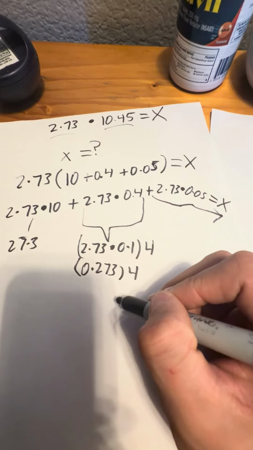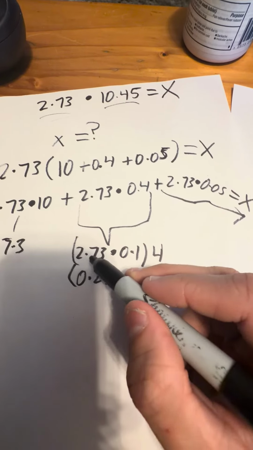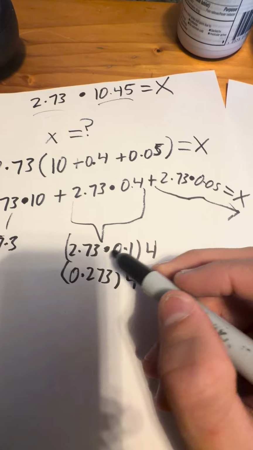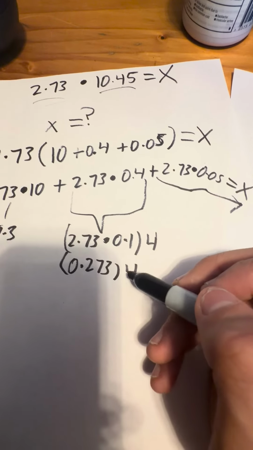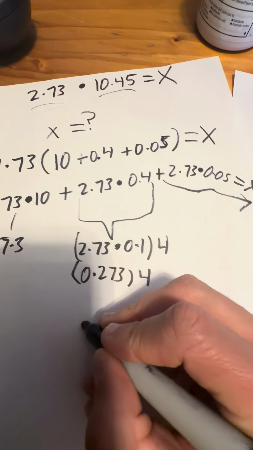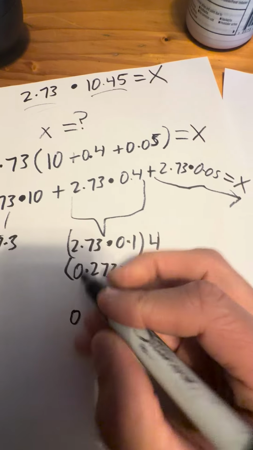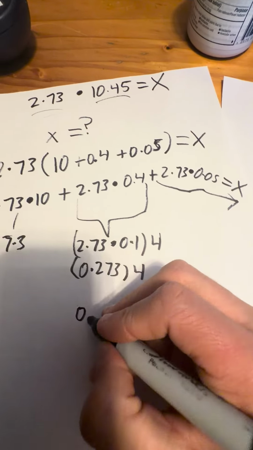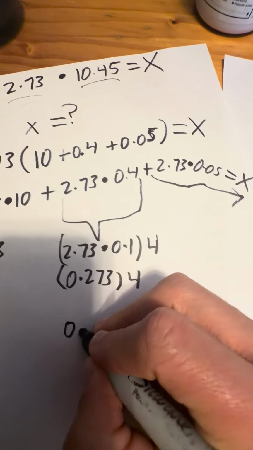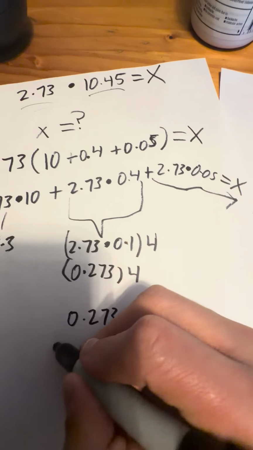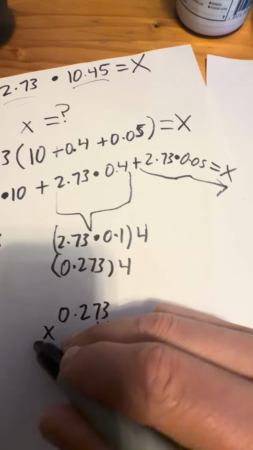Our second third is what we're on right now. 2.73 times 0.1 is equal to 0.273. Now, if you multiply that by 4, there's a lot of ways to do it. You could add 4 of these together, but I like to just do this in my head. It works for me the best.